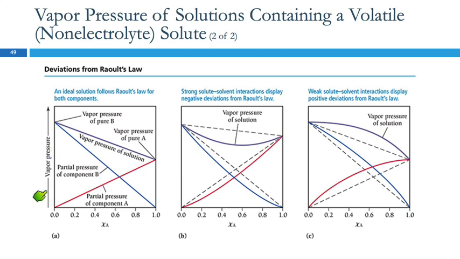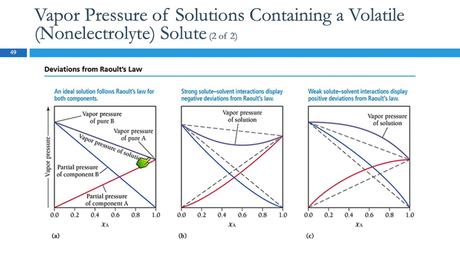So what the heck are we looking at here? This is vapor pressure going from low to high as a function of the mole fraction of component A. So starting out with 0 A, it's all B. Up here, this is the vapor pressure of B, and as we increase the amount of A and reduce the amount of B, these lines come down.